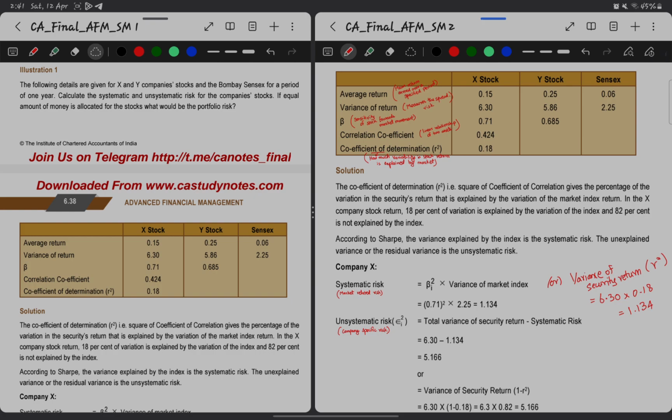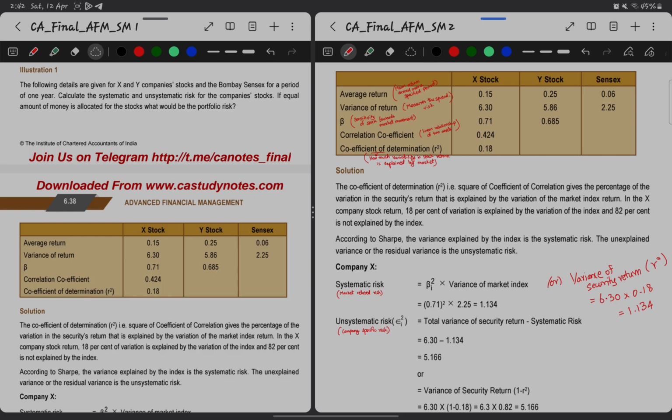So if, let's say, market return increases by 1%, how much X stock will increase in response to market return. So how stock X is sensitive towards market, beta will give the number.